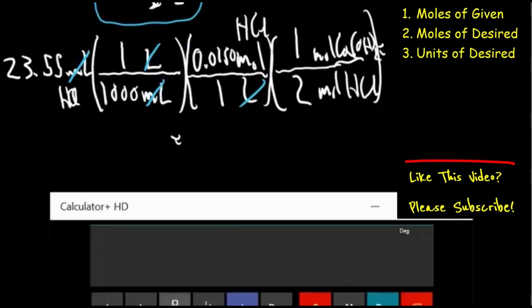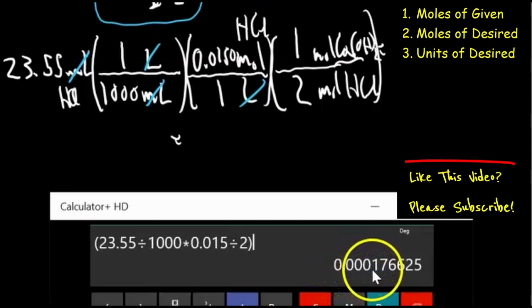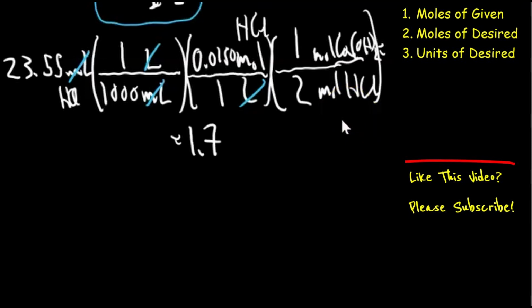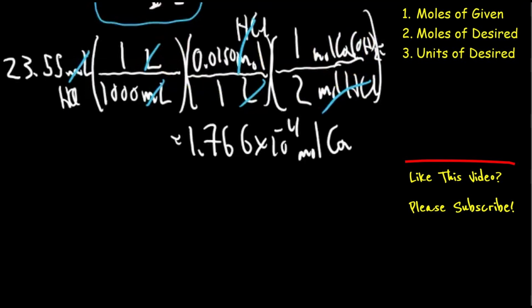So 23.55 divided by 1,000 times 0.015 divided by 2 is 1.766 times 10 to the negative 4. And our units, what are we left with? Moles of our calcium hydroxide, moles of CaOH2.